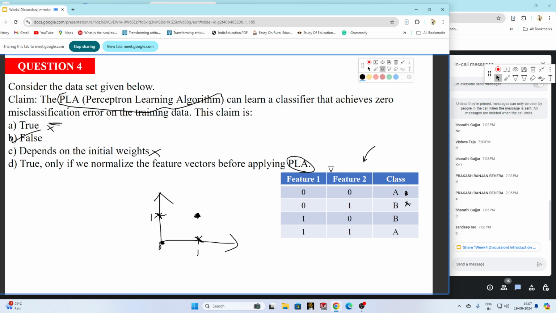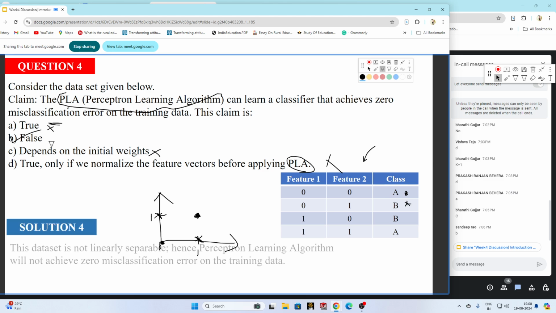But here they are applying PLA. PLA reduces the features, so if you are reducing features, there is no chance of separating the two classes with a linear classifier. So this is also false. So option B is your right answer.